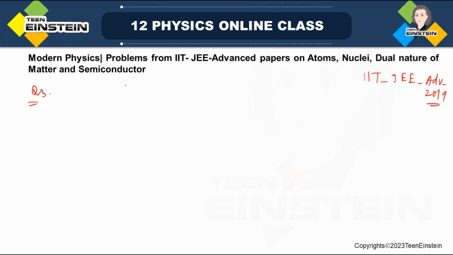In a radioactive sample, potassium-40 (19K40) is a radioactive nucleus that decays into stable calcium-40 (20Ca40) with a decay constant, say lambda 1, of 4.5 into 10 to the power minus 10 per year.